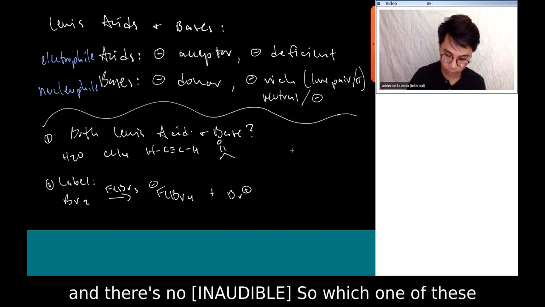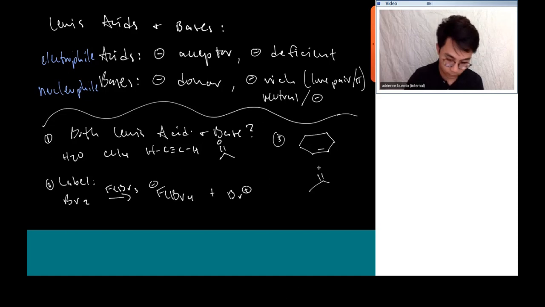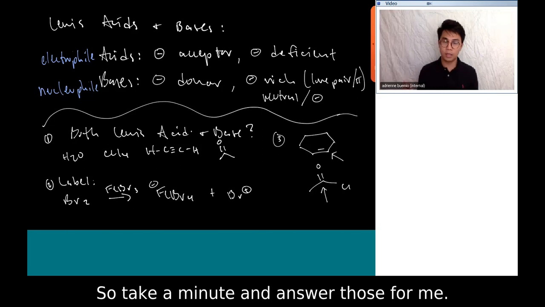And there's no number for them. Actually, let's number them. So, which one of these are nucleophilic and which one of these are electrophilic? Okay, take a minute and answer those for me.